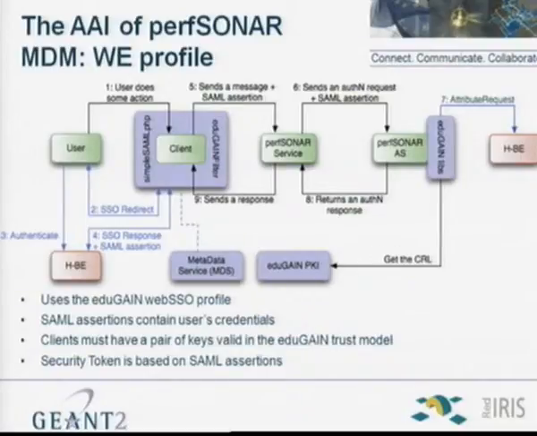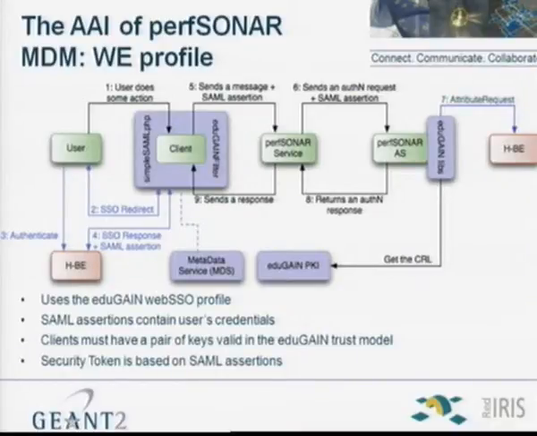The web profile is the typical profile where the client is protected by the eduGAIN filter or simpleSAMLphp, and the token is based on the SAML assertion obtained from them, and is sent using the SAML assertion profile of the web service security.